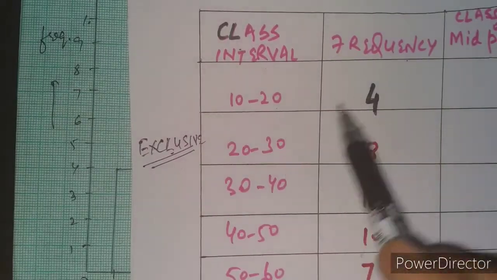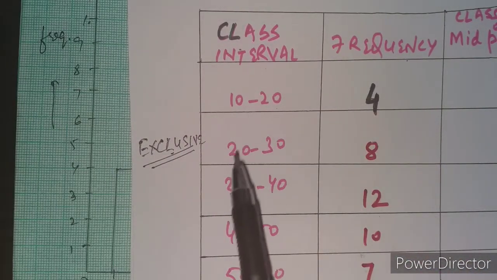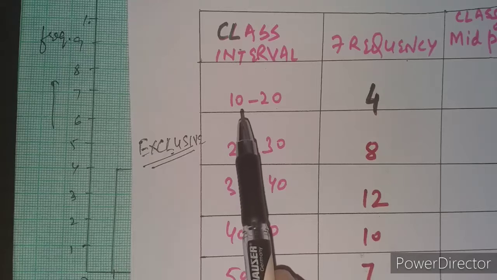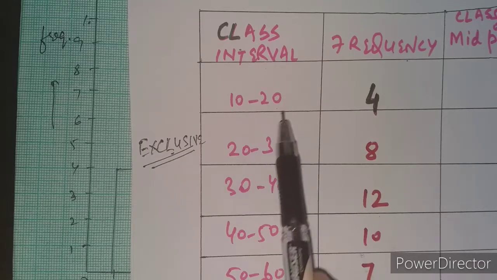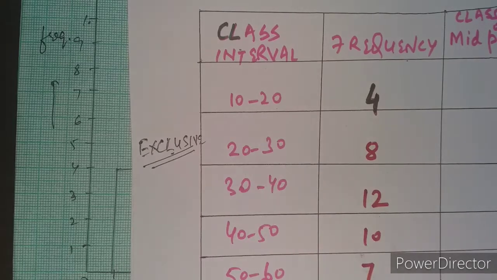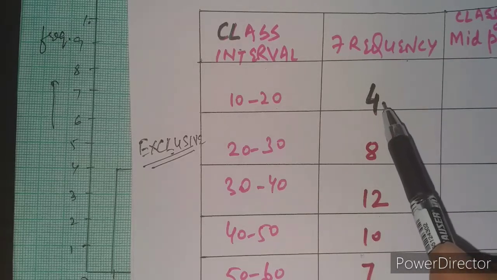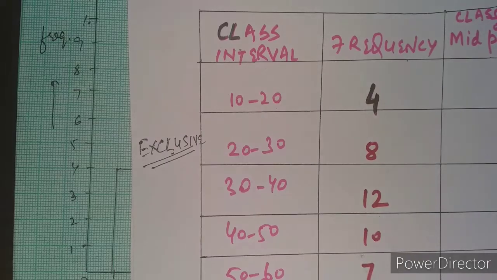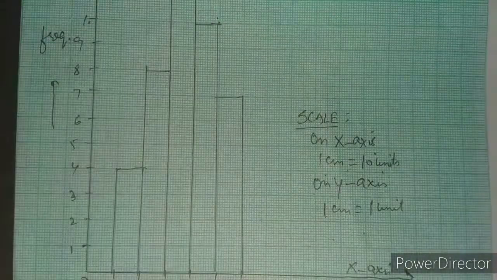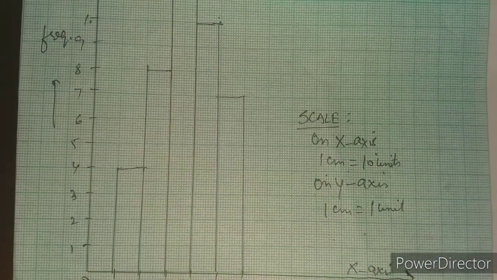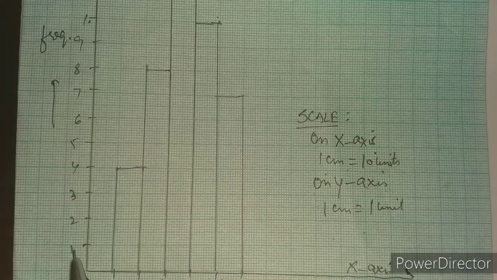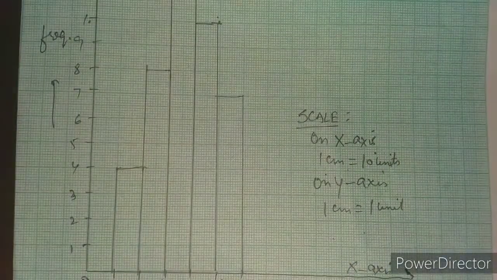Class intervals 10 to 20, 20 to 30, 10 to 60 I have plotted on the x-axis. The frequencies were 4, 8, 12, 10, 7, so I have easily taken the scale 1 centimeter equal to 1 unit, with 1, 2, 3, 4 up to 12 on the y-axis.